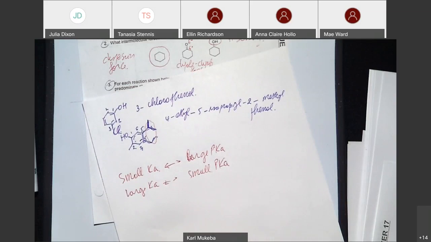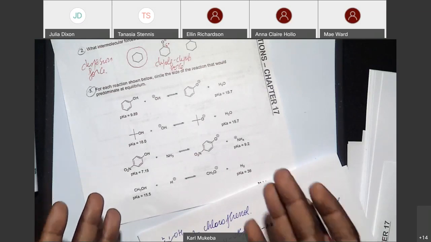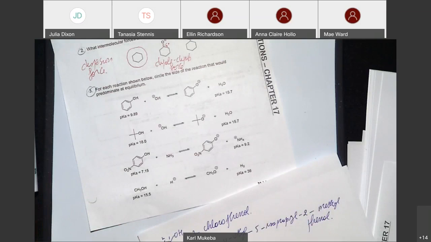And if you see the question, they already gave you the pK of each compound. So what you have to keep in mind is that the reaction goes from more acidic to less acidic, and from your pK number, you can say which one is less acidic and which one is more acidic.